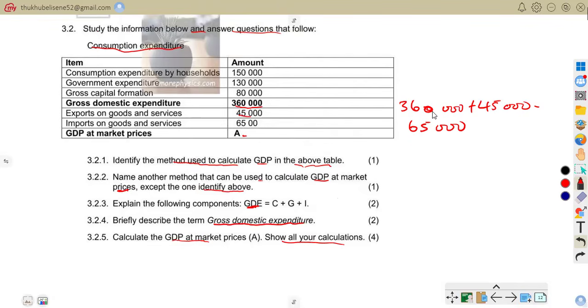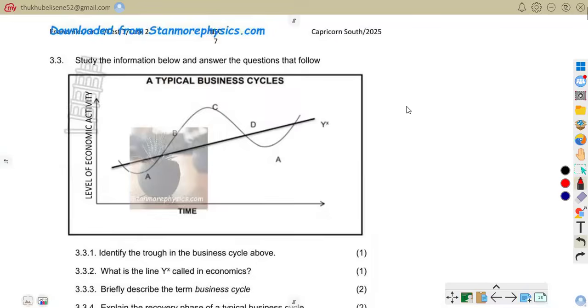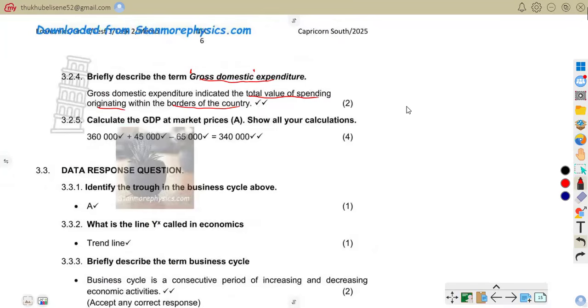Exports of goods and services. Then we subtract what? The imports of goods and services. So this is that. And on our answers, you can see here it is, and it will give us 340,000. So now we are to go to question 3.3.